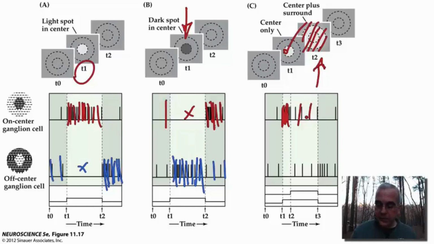And the same sorts of relationships would be seen for the off-center cell. The off-center cell stops firing with the presence of light in its center, and with more even illumination, it now begins to fire just a little bit, but not as much as when the dark field is once again returned when the light goes off.